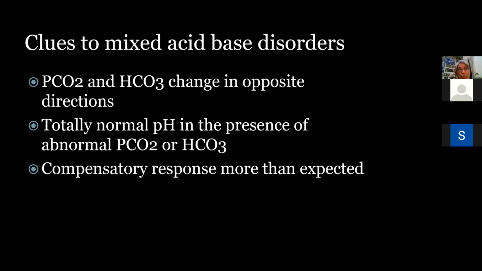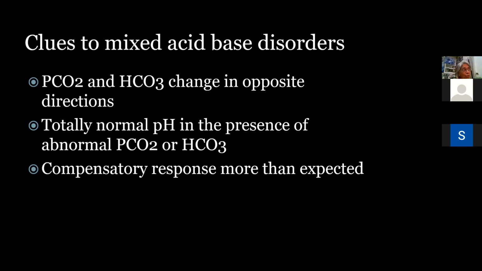This is important because the so-called compensatory response never restores pH to normal. It moves the pH towards normalcy, only ever partially correcting it. So if it looks like a fully corrected pH, there has to be a second acid-base disorder.